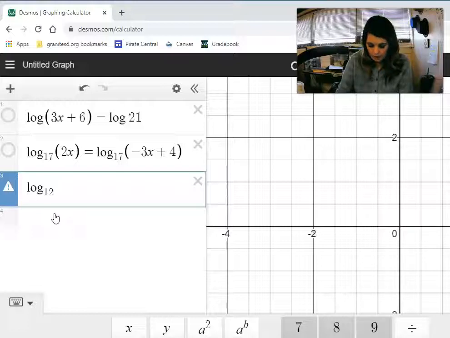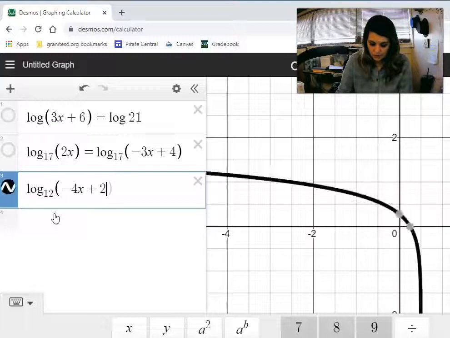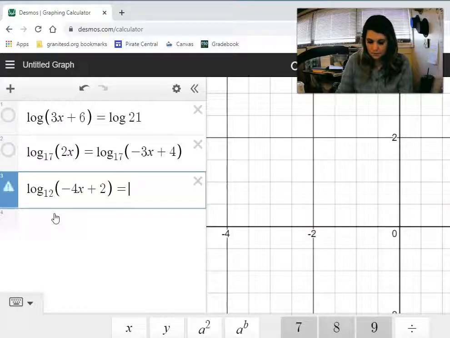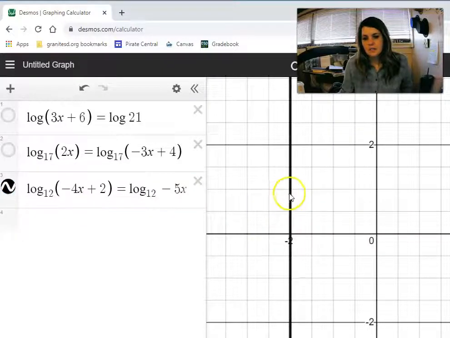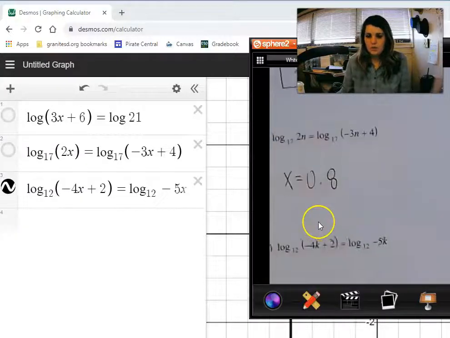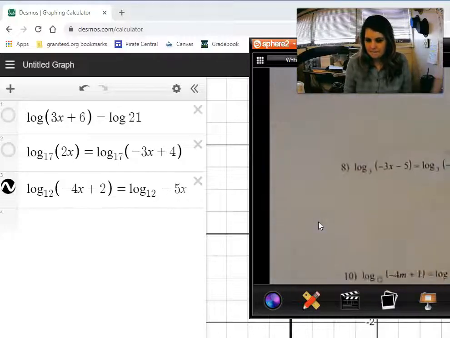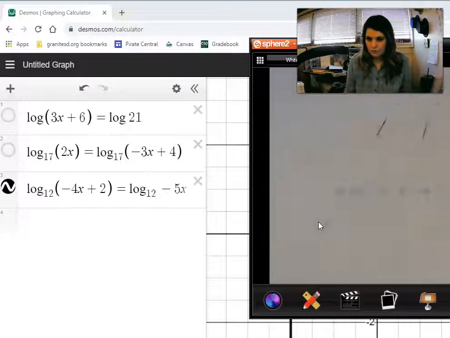So log base 12 of negative 4x plus 2 equals log base 12 of negative 5x. Okay, this one works out nicely. So number 6 is negative 2. I see this big dark line at negative 2. So number 6, x equals negative 2.